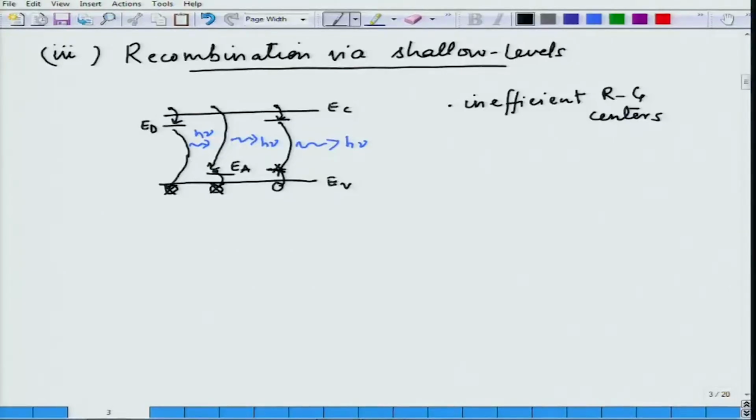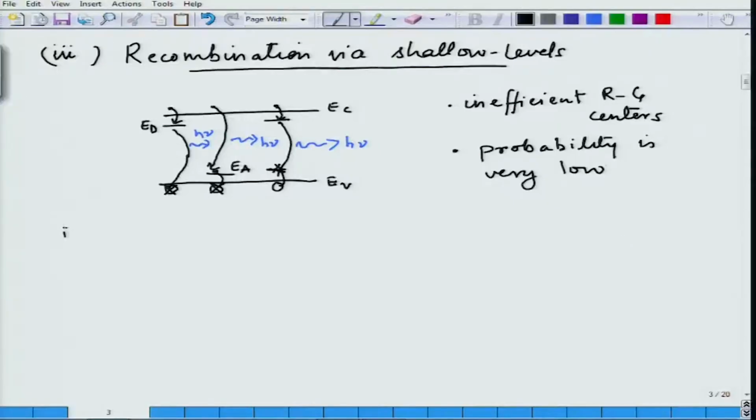We also find that it is radiative, as we have already mentioned, but these processes involving shallow levels have very low probability at room temperature. So the rates are not very high. The probability for recombination via shallow levels is very low, so this is not a dominant recombination process if we are looking at the recombination of carriers.